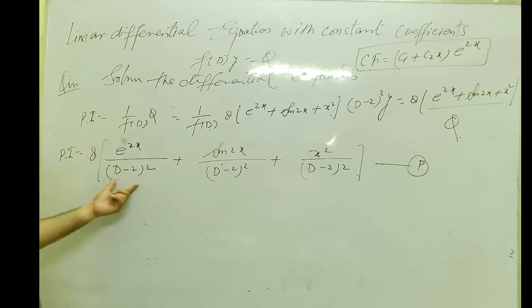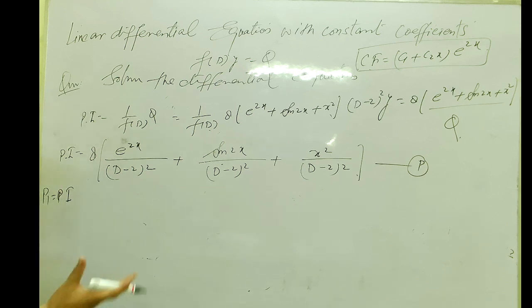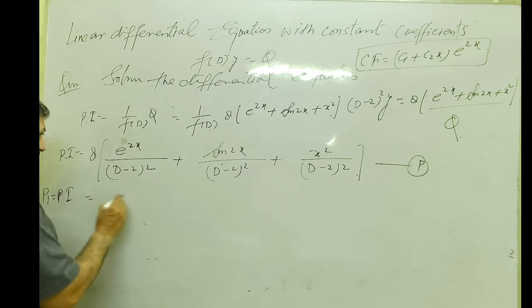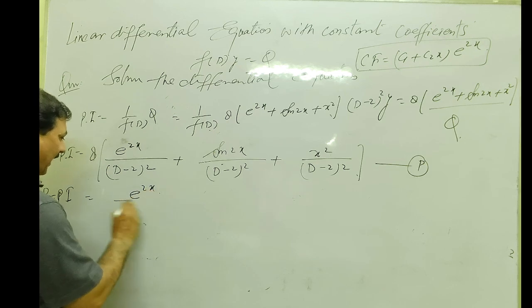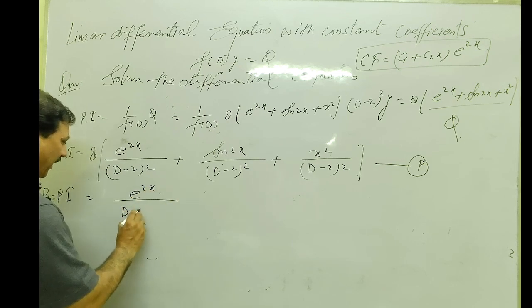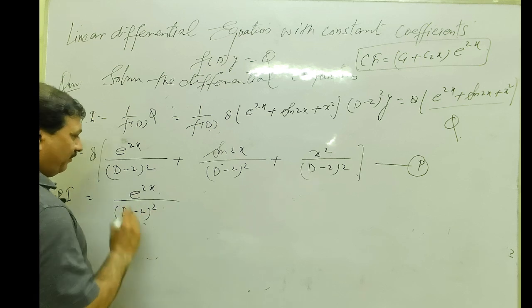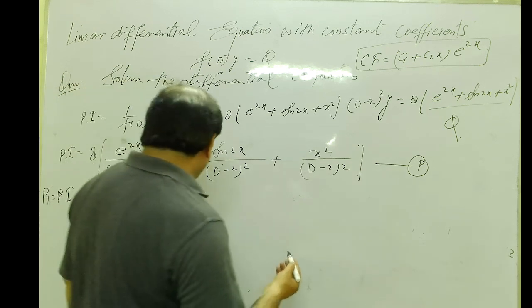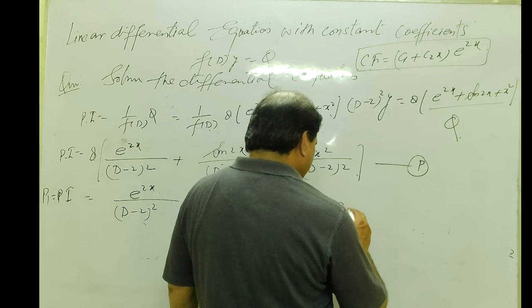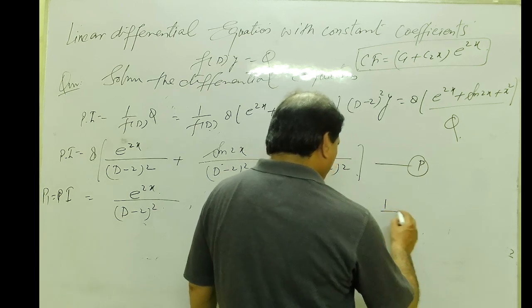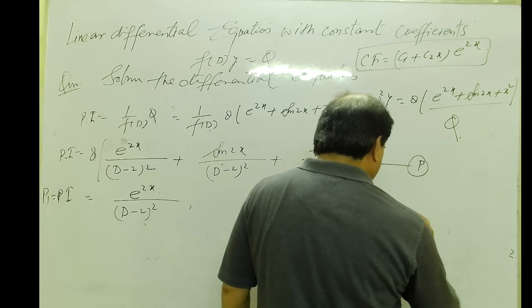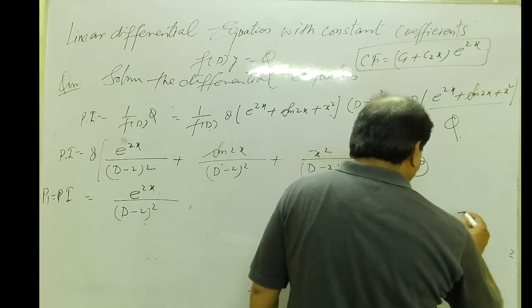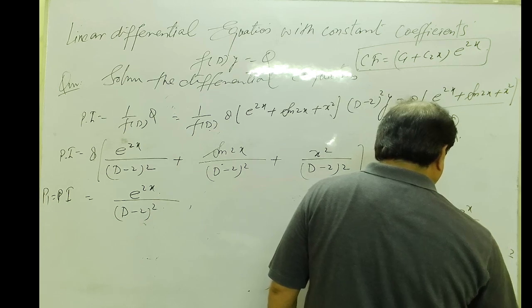So first of all we will calculate this part, P1, meaning the first particular integral, that is e to the power 2x upon (D minus 2) whole square. When the right-hand side is e to the power ax, the particular integral is e to the power ax upon f(a).